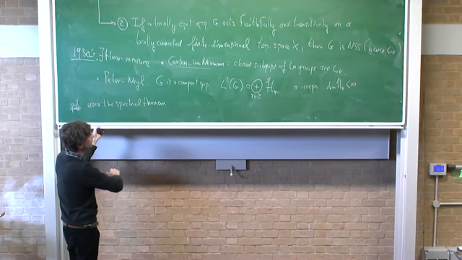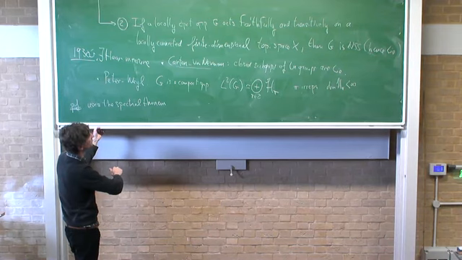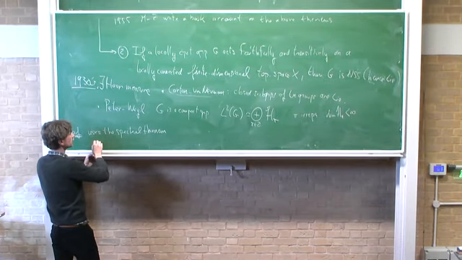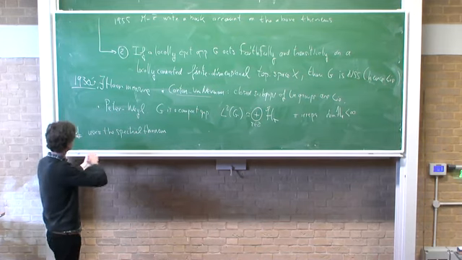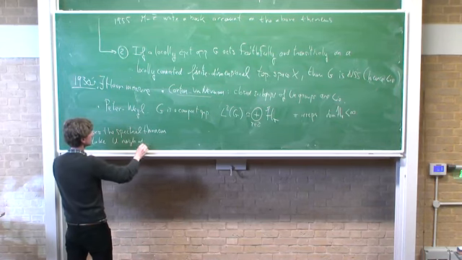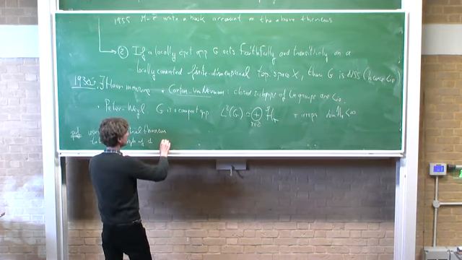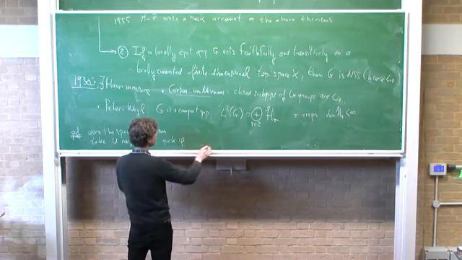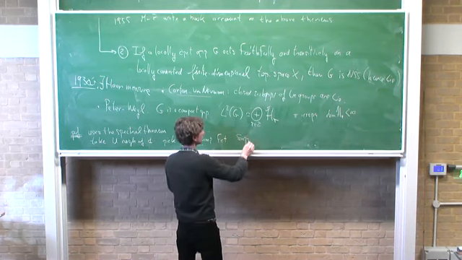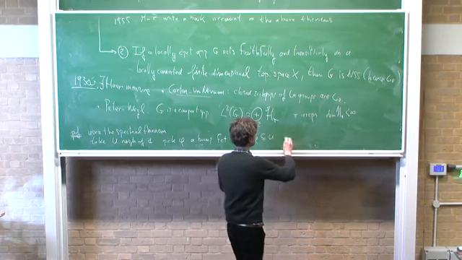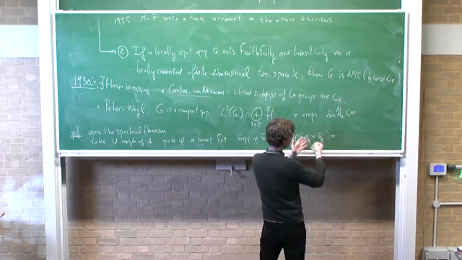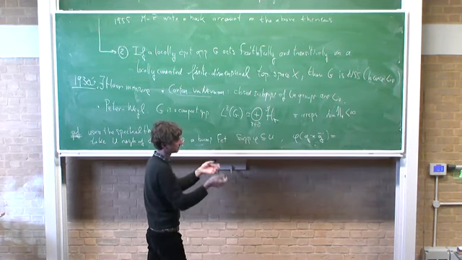So let me quickly remind you how Peter-Weyl is proved. You take U, a neighborhood of the identity, and you pick phi, a bump function supported on U. And because of the Haar measure, you can average it.